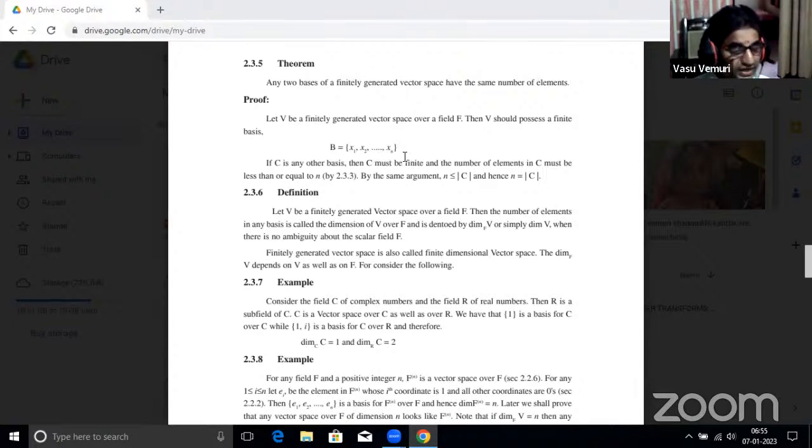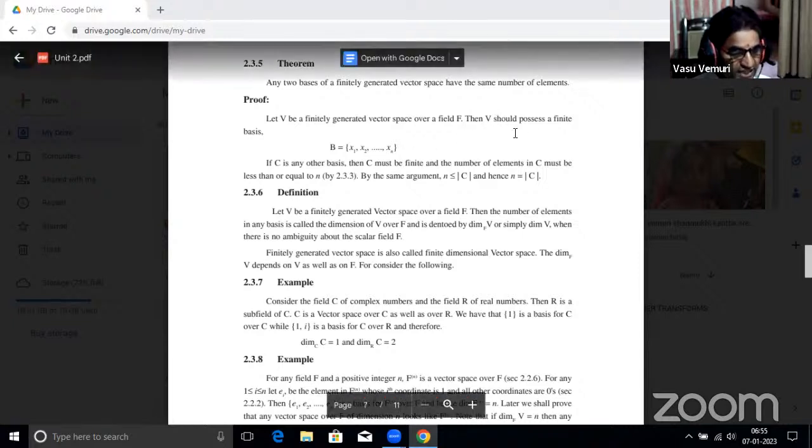Because B has n elements and C has m elements, n equals m. That is a simple proof, because we have already proved it in the above manner. Here B is one of the basis sets, with elements x1, x2, so on, xn.